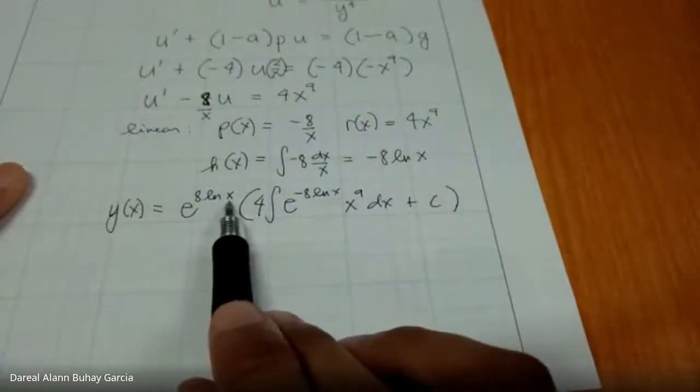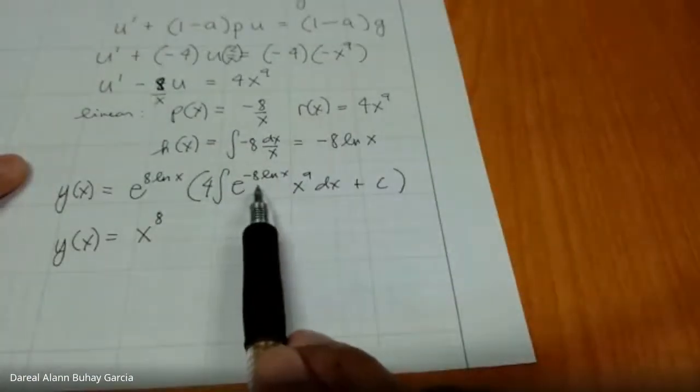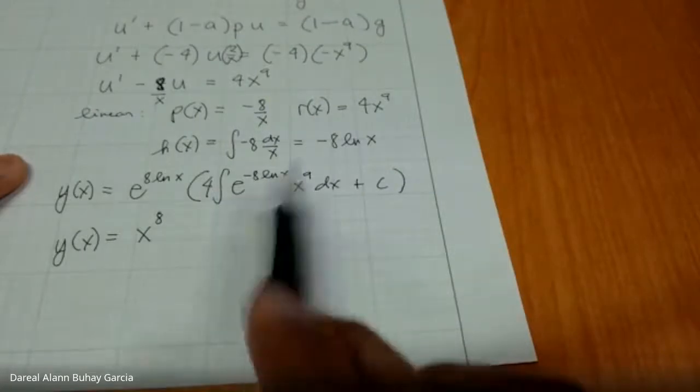This becomes x to the power of 8, and this one, x to the power of negative 8.